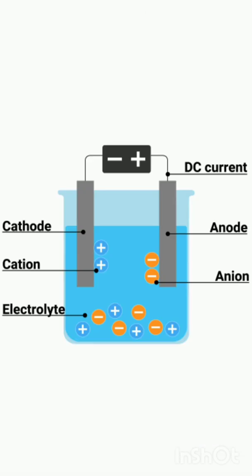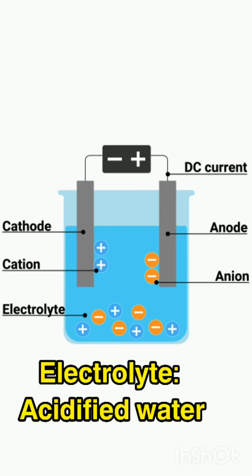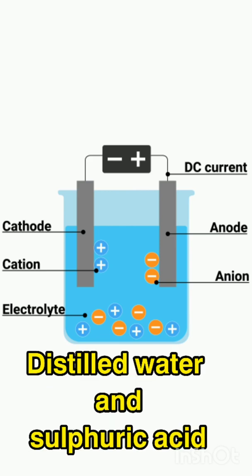In the electrolysis of water, the electrolyte used is acidified water. Now, what is the meaning of acidified water? Acidified water means distilled water in which a few drops of sulfuric acid have been added.